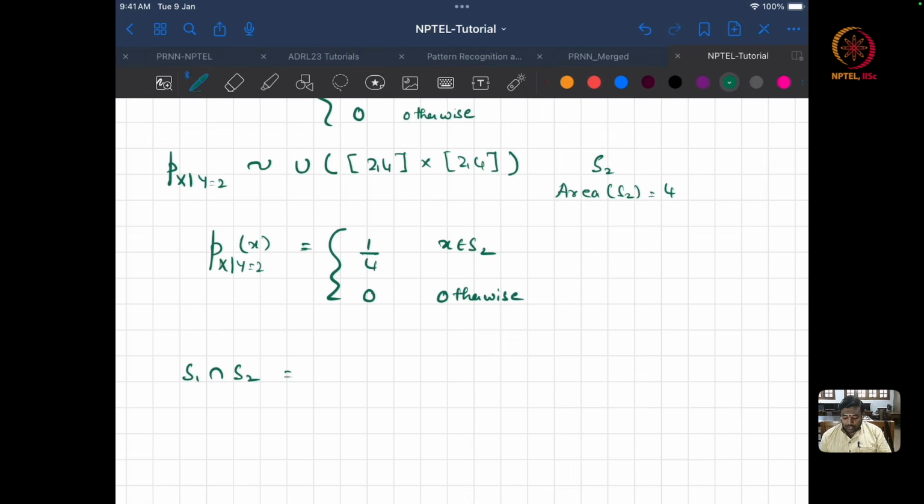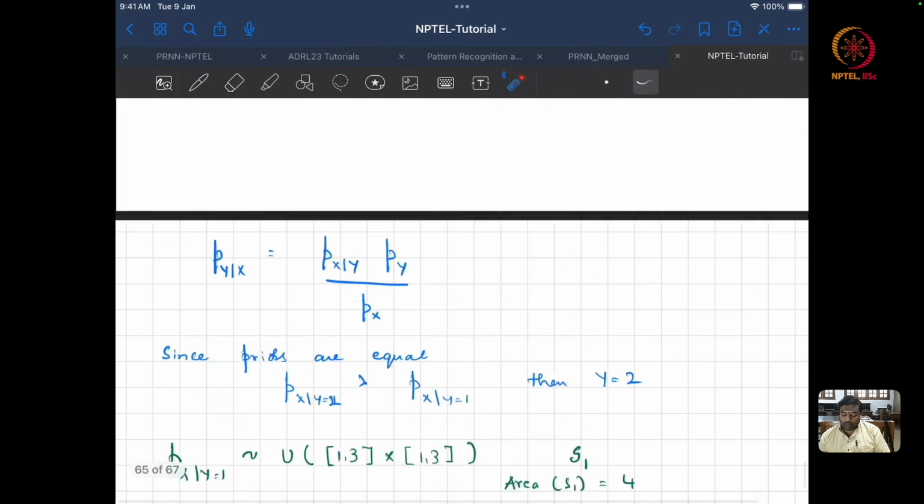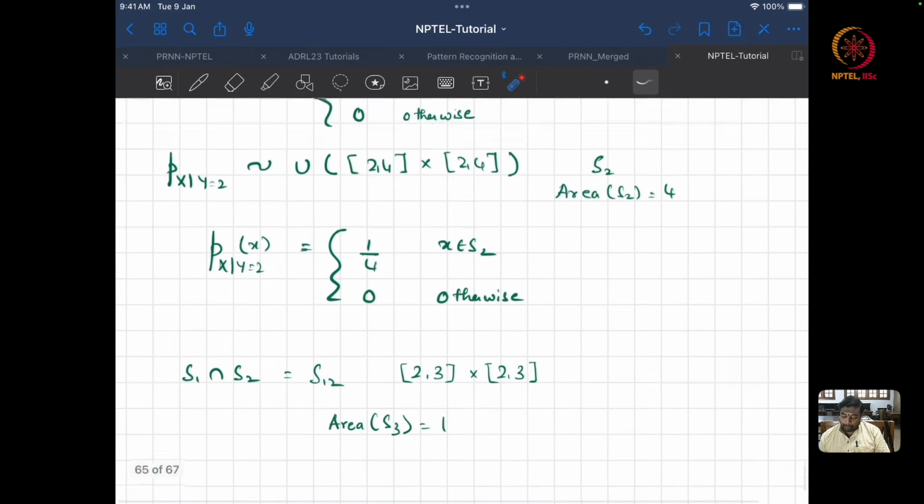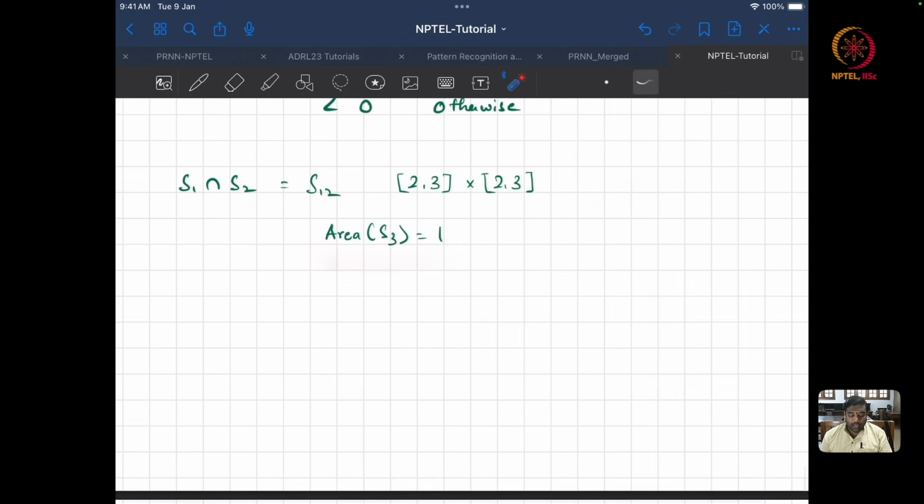Now I'll call it S12, which is 2 comma 3 cross 2 comma 3, and the area of this S3 is 1. Speaking of this intersection region which we are looking into, here the area is 1.